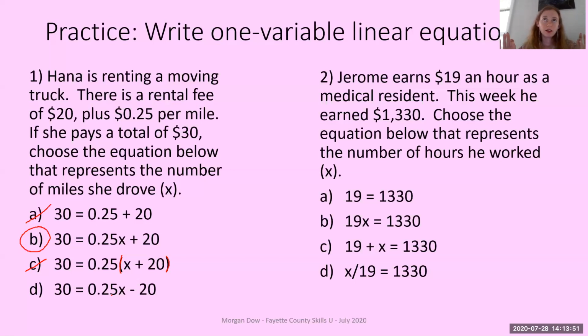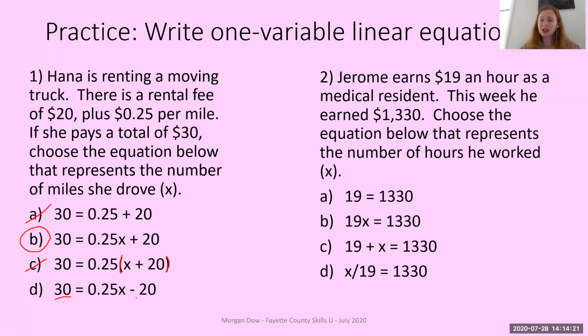But those of you who are thinking about choice D, that means you're jumping the gun a little bit, because we're not trying to figure out what x is yet. We're just trying to write out an equation that accurately describes the situation. So if we think about what this equation is actually saying, this equation is saying in order to get this total amount of 30, we would take 25 cents times the number of miles and then subtract the rental fee.